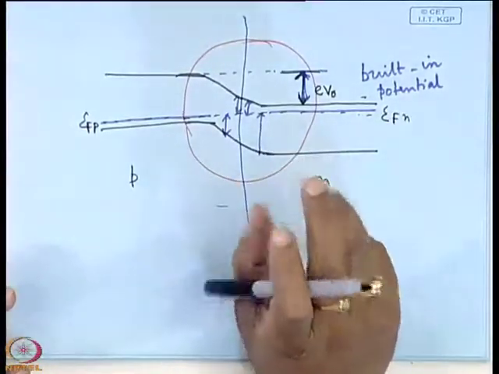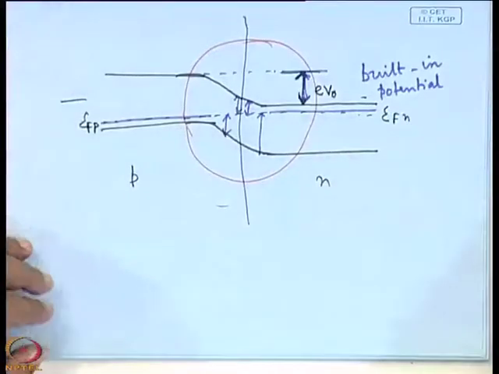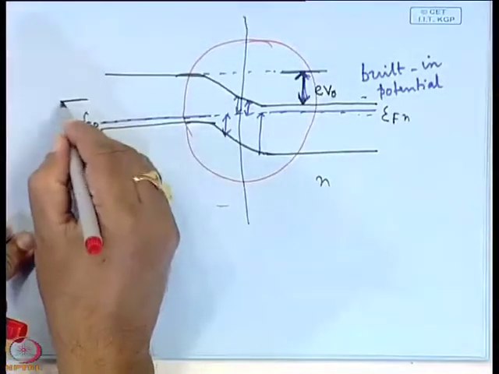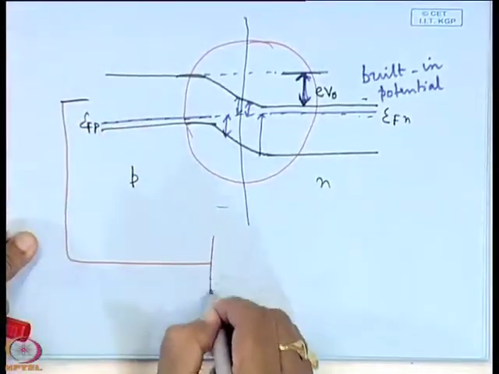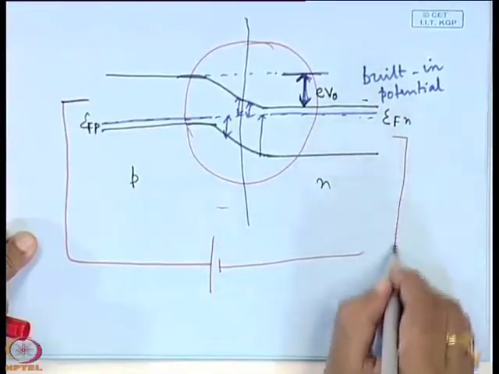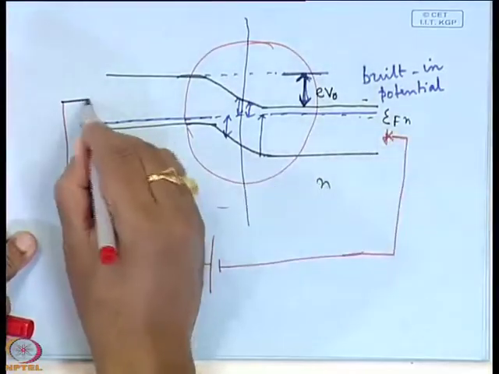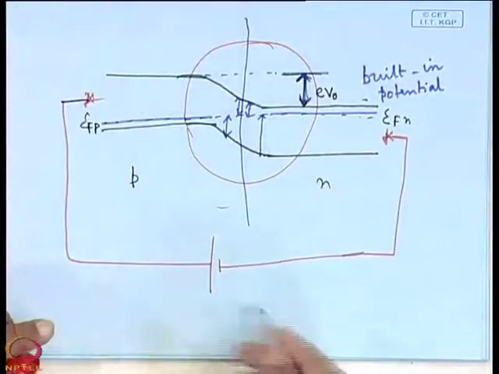Now, if you forward bias it. What is forward biasing? P type at higher potential and N type at lower potential. Yes. So, that means it is forward bias.